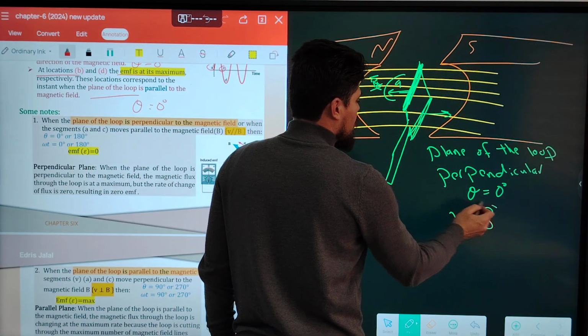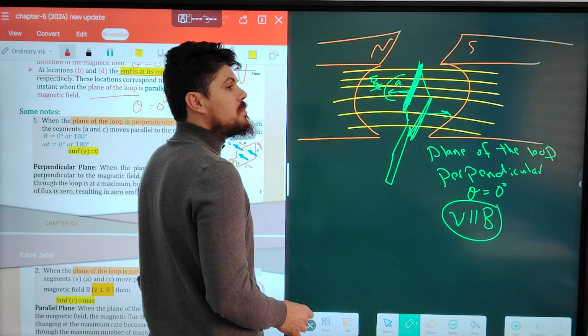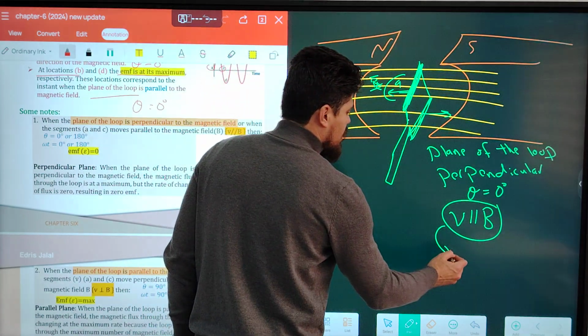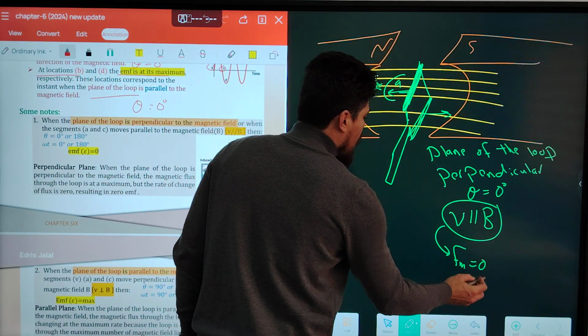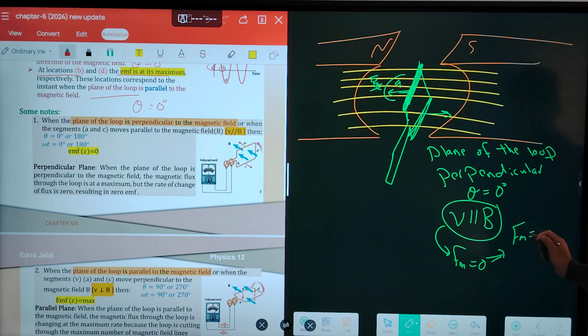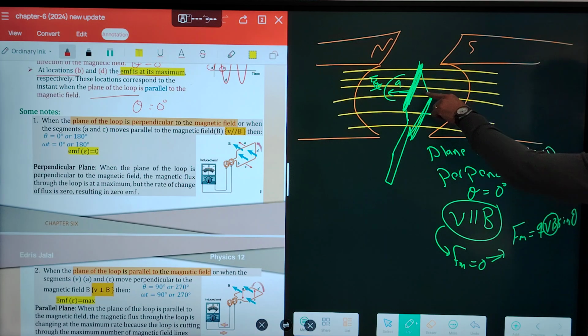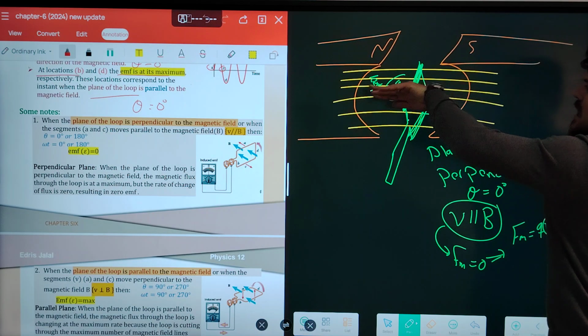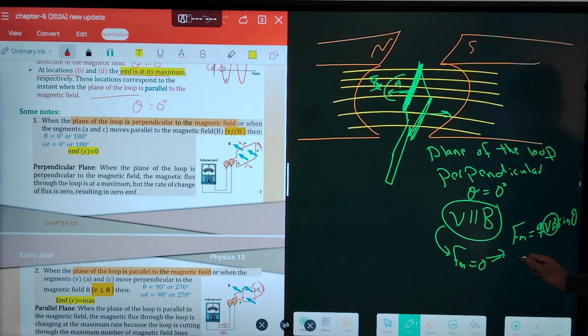V is parallel with what? With the magnetic field. When V and B are parallel to each other, the magnetic force is equal to 0. Why? Because the magnetic force is equal to QVB sine theta, where this angle is the angle between V and B. If V and B are parallel, 0 or 180, the magnetic force becomes 0.